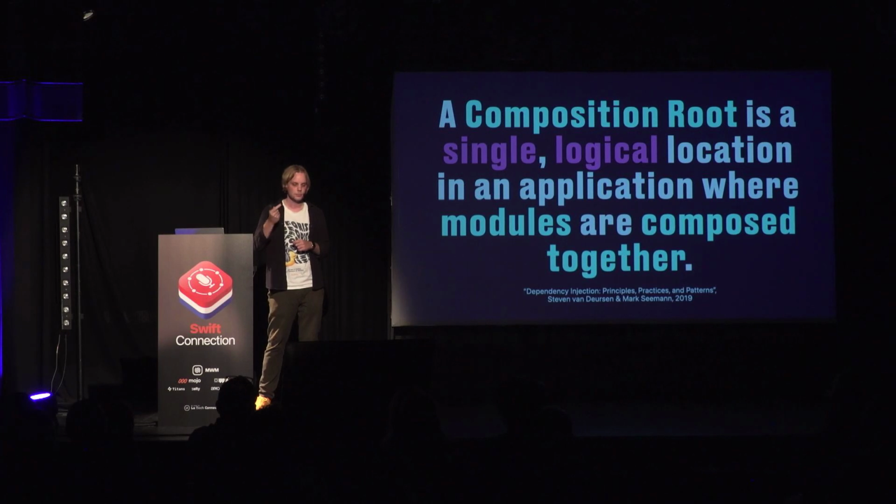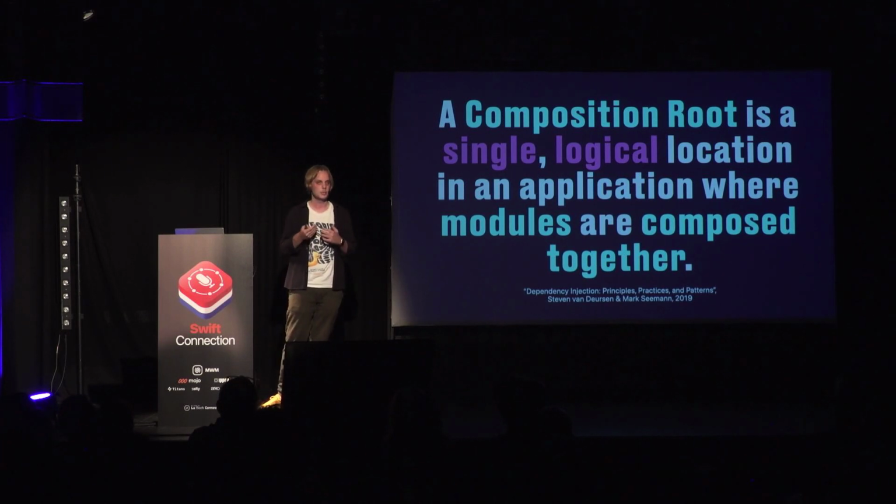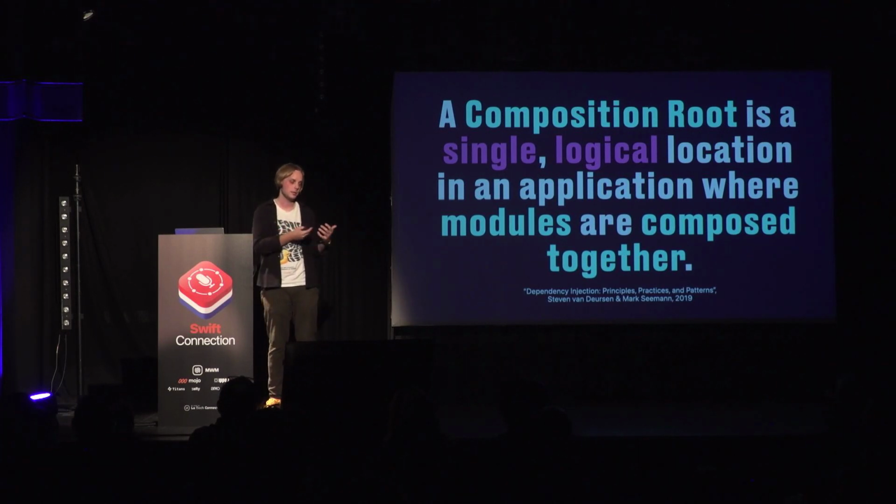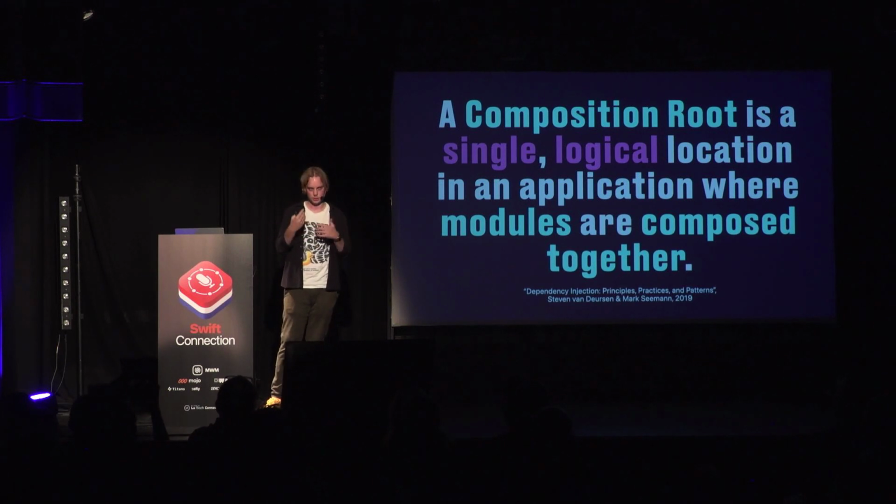And it answers this question by introducing the composition root. The composition root is defined as a single logical location in an application where modules are composed together. Now, modules in this case are our Swift packages, or rather the targets in our Swift packages, which in turn contain our components.